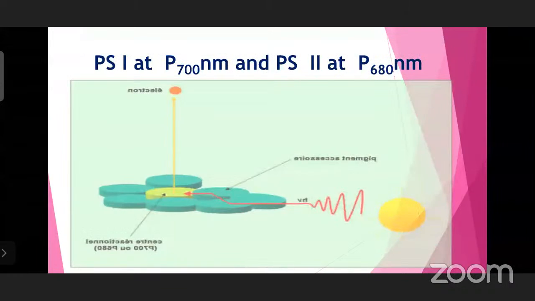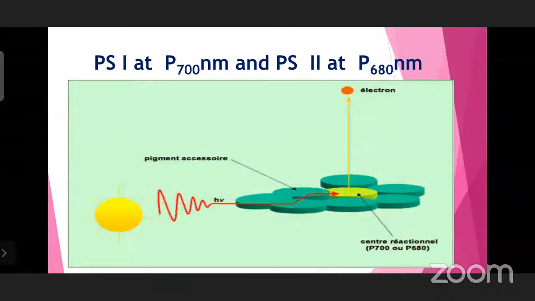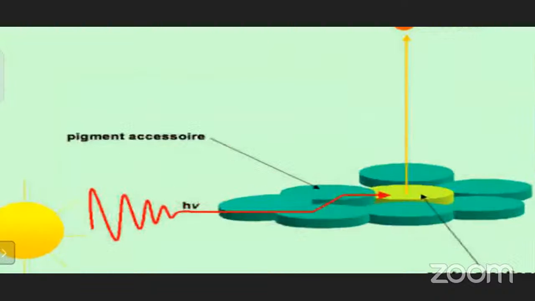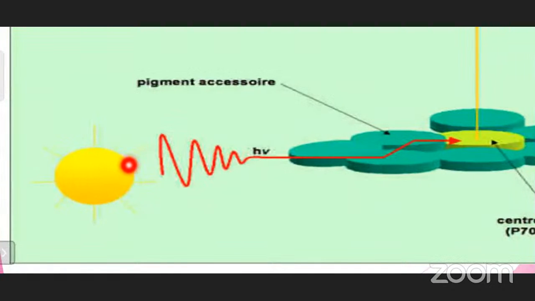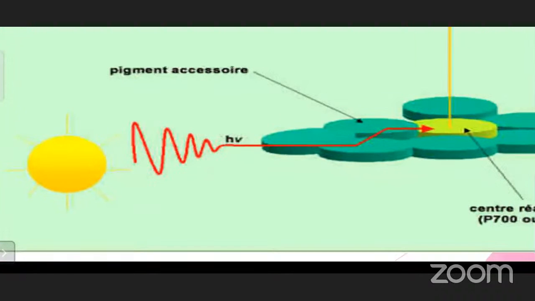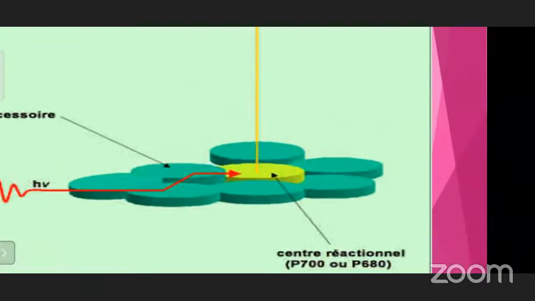So here you can see clearly. This is our sun, giving light energy, and as the light energy travels, it gets trapped by these accessory pigment molecules. These green molecules are accessory pigment molecules, and in the center we have the boss, which is chlorophyll A. It is the reaction center.